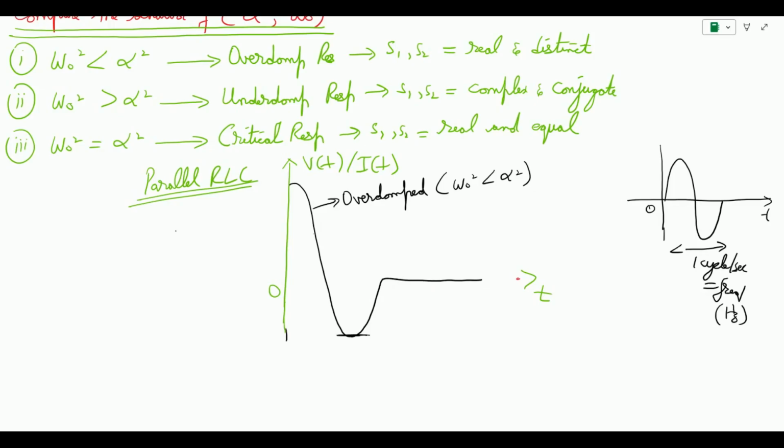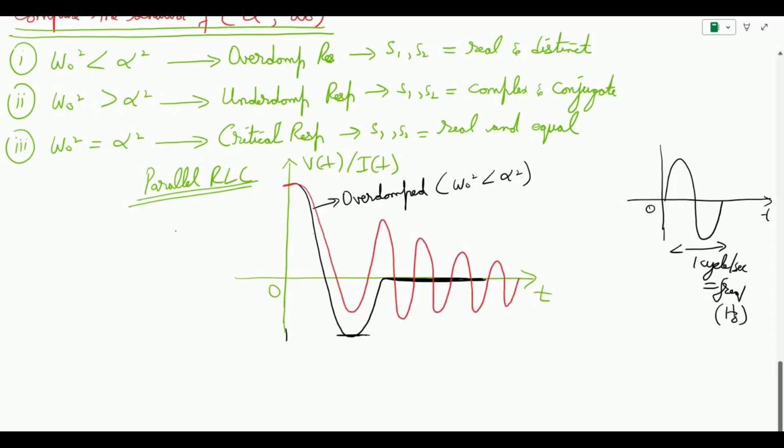So this is the underdamped response where omega naught square is greater than alpha square, and you can see the sinusoid is happening in a complete way. So the voltage and current oscillate about their final value. So this is called the underdamped.